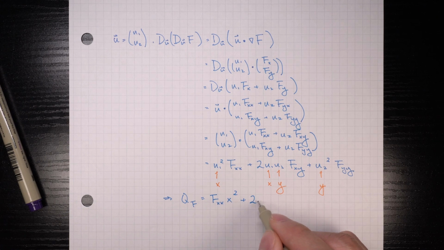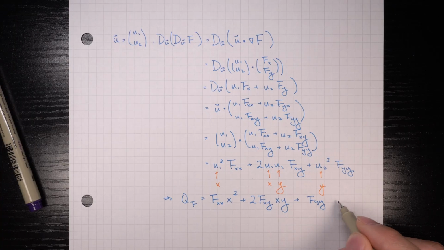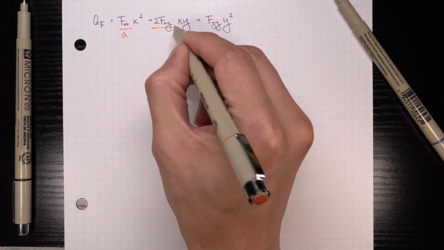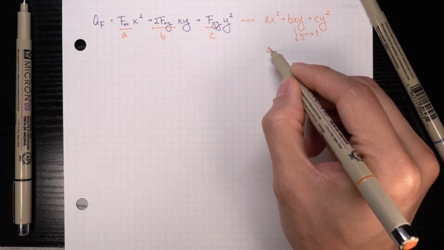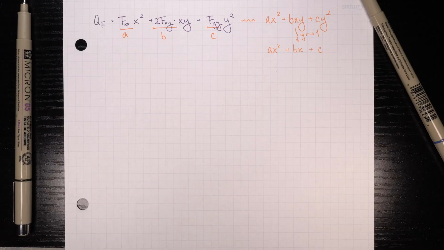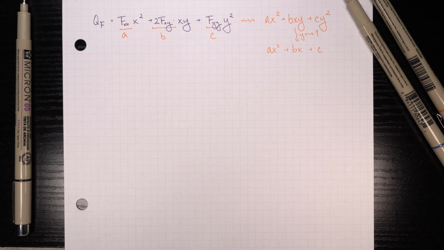You might see that q sub f is looking remarkably similar to the types of quadratic polynomials that the quadratic formula applies to. And what I mean is that if I relabel the coefficients of q sub f by a, b, and c, then after setting y equal to 1, we get this quadratic polynomial in a single variable, which is exactly what the quadratic formula applies to.